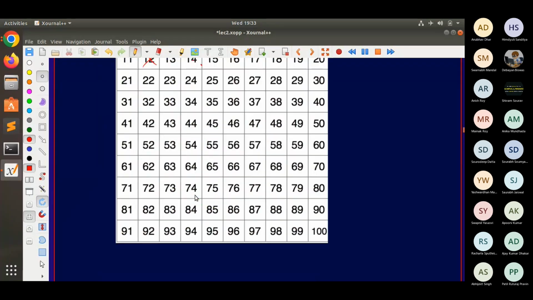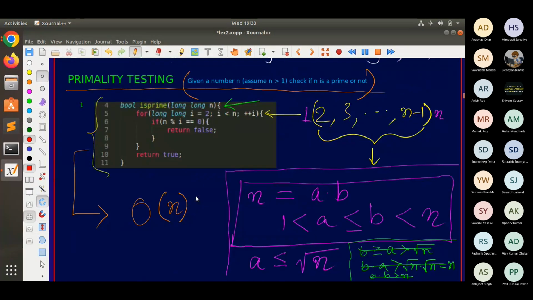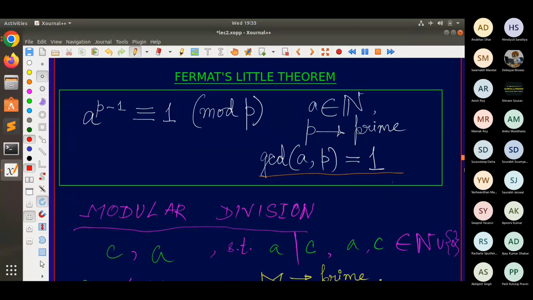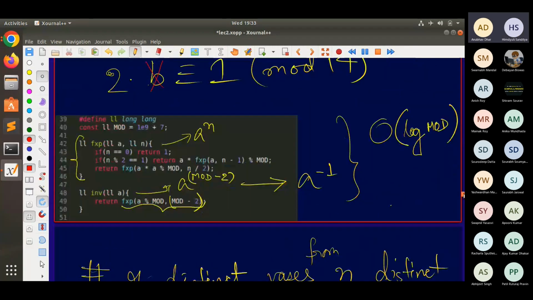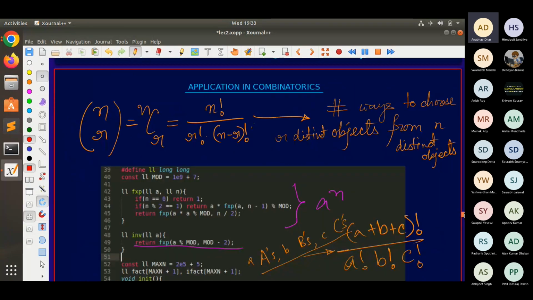Where did I put it? Yeah, here. 998244353. These two are both primes. So you can use this technique. Extended GCD does appear in computer programming, but yeah, it's a bit advanced.